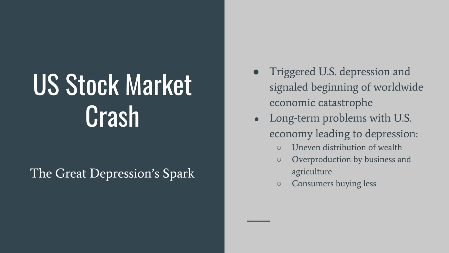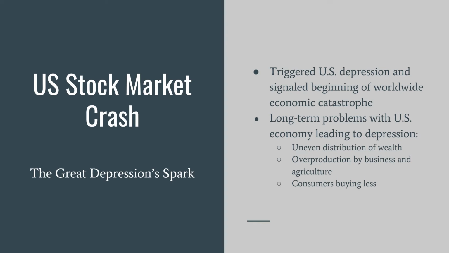And when the stock market crashes, the United States goes into a depression, which then in turn leads to a worldwide economic catastrophe. So when the stock market crashes in October of 1929, we are going to see that it has a profound impact on the world.